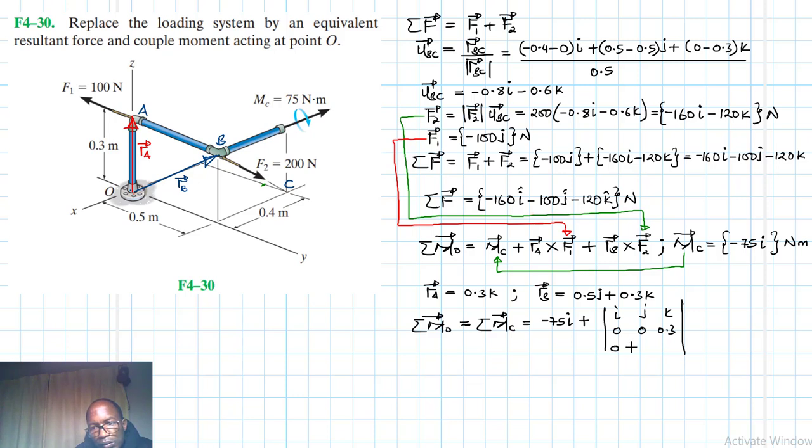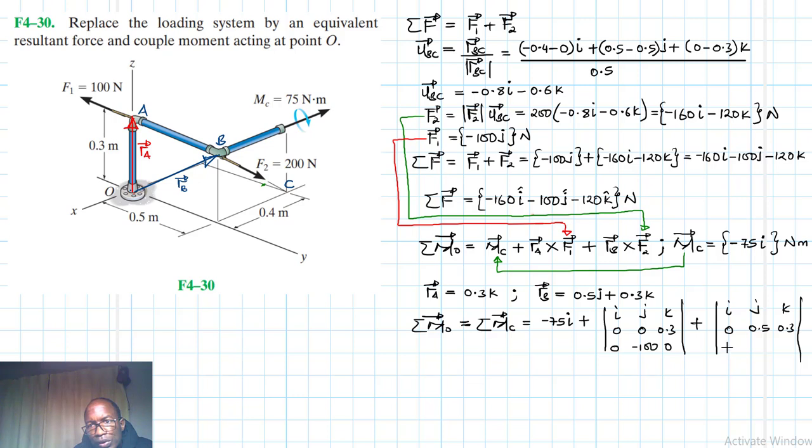F1 is 0, minus 100 and 0, and plus another vector moment RB. What's RB? It is 0, 0.5, then 0.3, and then F2.